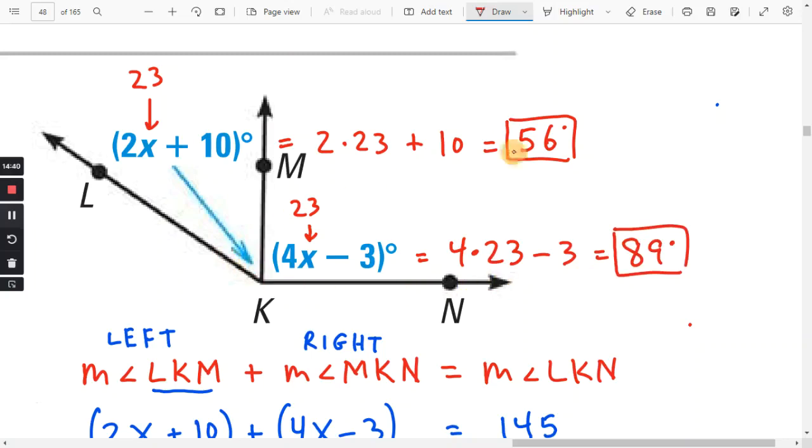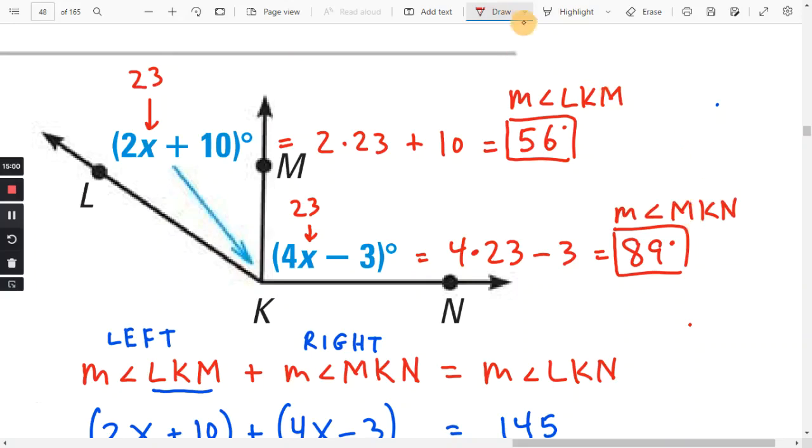So this one was the one on the right, LKM, measure of angle LKM. And this one was the one on the left, MKN, capital MKN, measure of MKN.